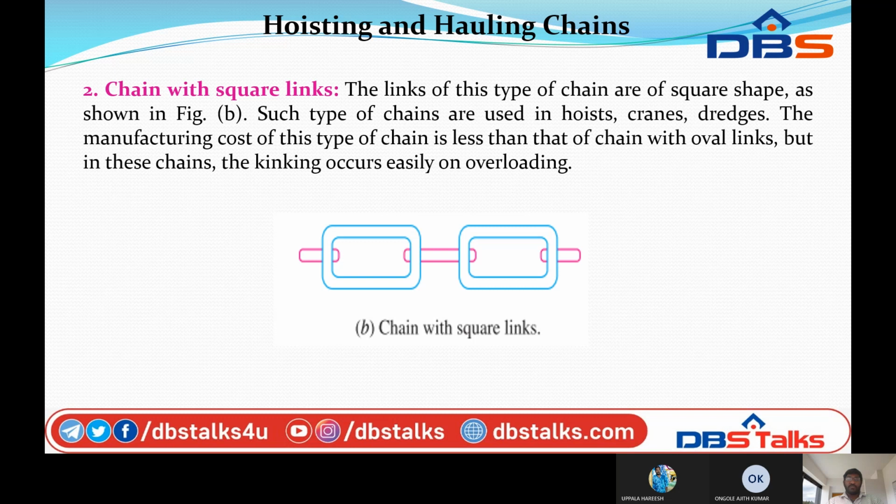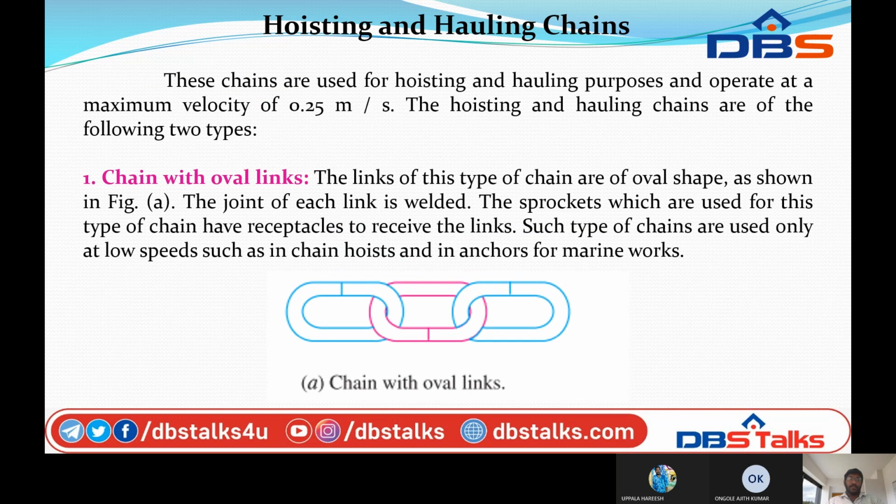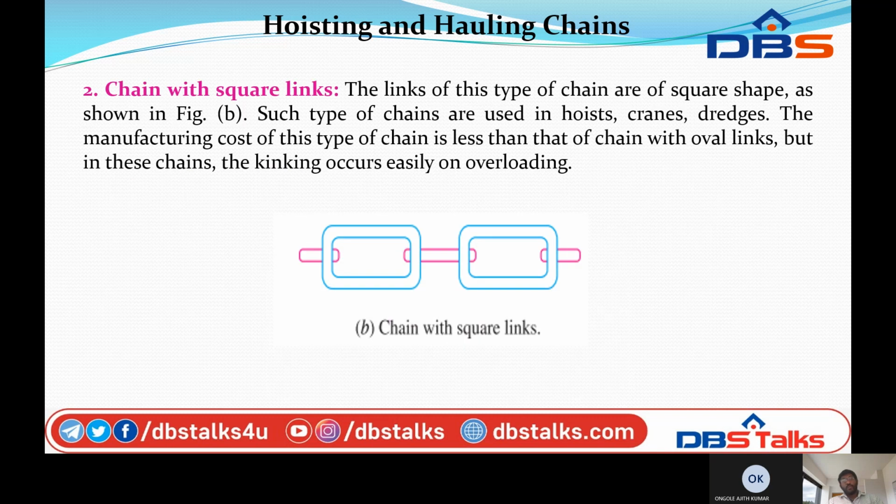The sprockets which are used for this type of chain have separate pockets to receive the links. Such types of chains are used only at low speeds, such as chain hoists and anchors for marine works. So next type is chain with square links.